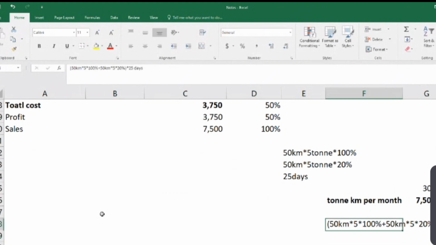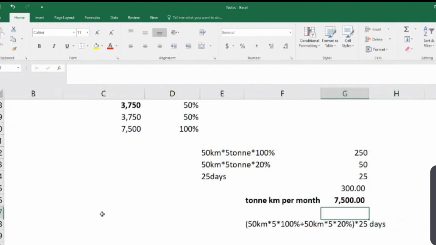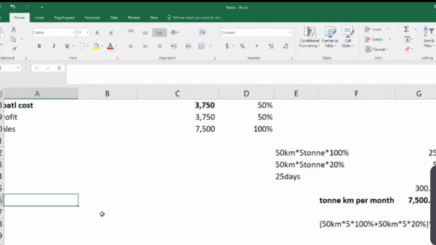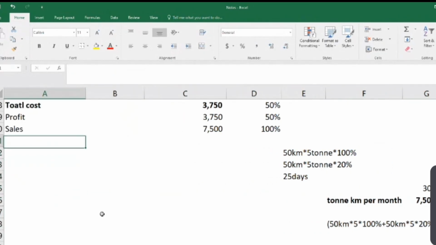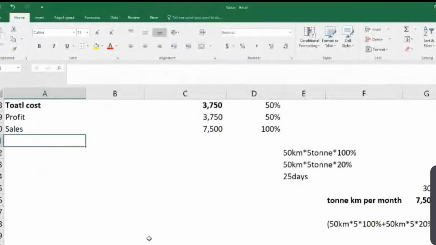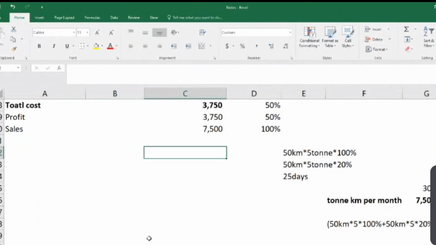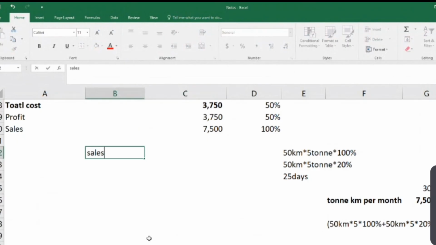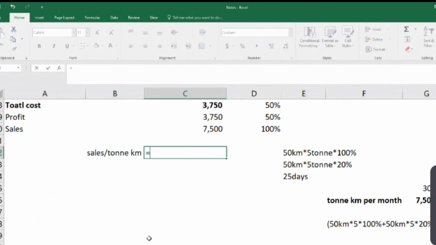If you do this in the calculator, you will get 7500 ton kilometer per month. Okay, so what they are asking in the question is the rate per ton kilometer that the company should charge to earn the profit. So it is sales divided by the ton kilometer you have calculated.